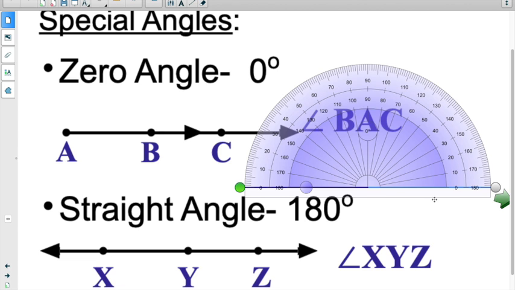And if you kept going all the way around, so here we go from 0 degrees, 10, 20, 30, 90, 130, 150, 160, 170, 180 degrees. And if we kept going past that, it would go from 0 all the way to 180 plus some more. And that would give you that reflexive angle that we were talking about earlier.